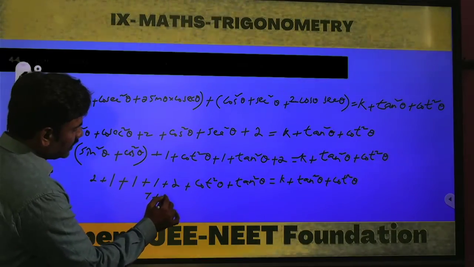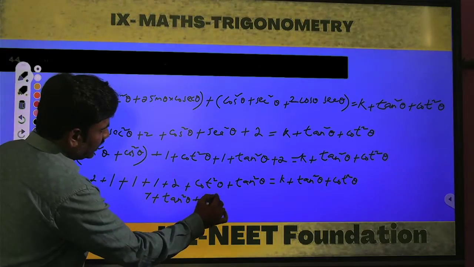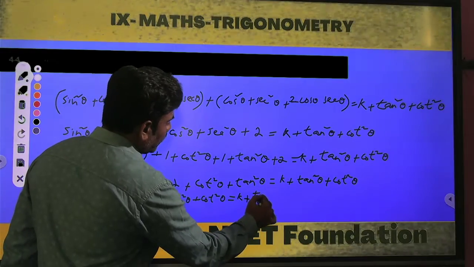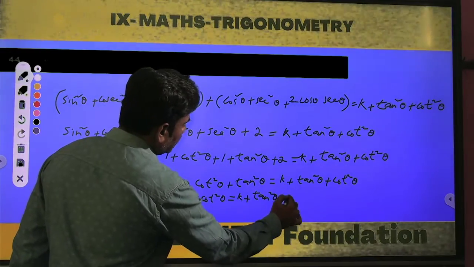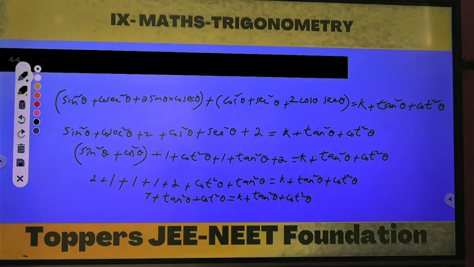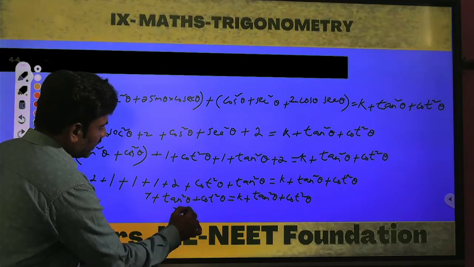So 7 plus tan square theta plus cot square theta is equal to k plus tan square theta plus cot square theta. On comparing the like terms on both LHS and RHS, we get 7 is equal to k.